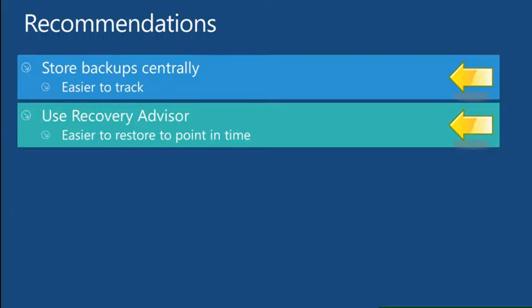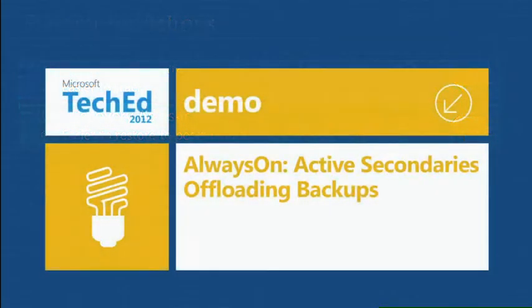I'll show you how it works. You can now easily restore to a particular point in time. So you can say, for all of these backups, I want to restore to either this backup or to 5 hours ago, and then you can restore to that point. Really nice. So let's go into the demo.